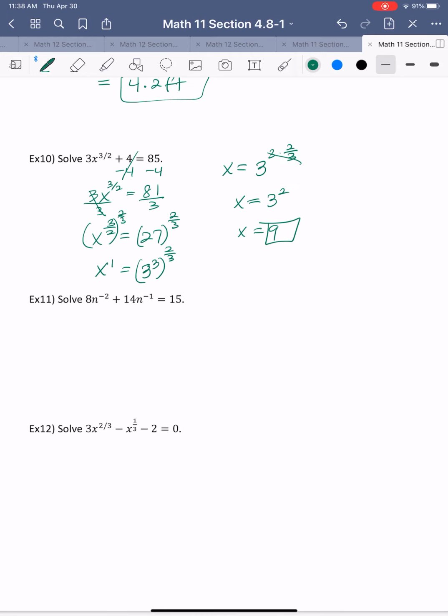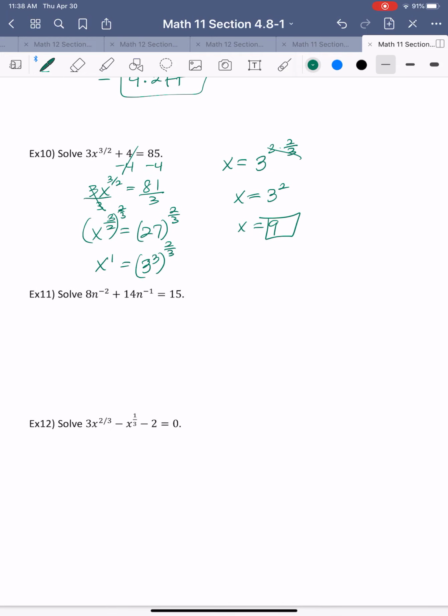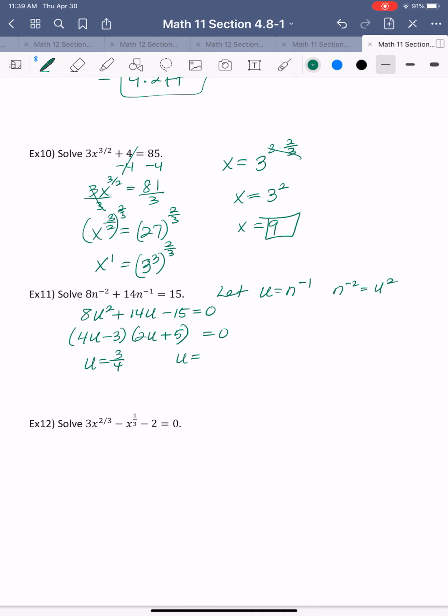And then for number 11, which is this problem, you can use substitution. Let u be n to the -1, which means n to the -2 becomes u squared. So I can write this as 2u squared plus 14u, and then subtract 15 from both sides, minus 15 equals 0. It's factorable: 4u minus 3 times 2u plus 5 equals 0, and u becomes 3 over 4, and u equals -5 over 2.